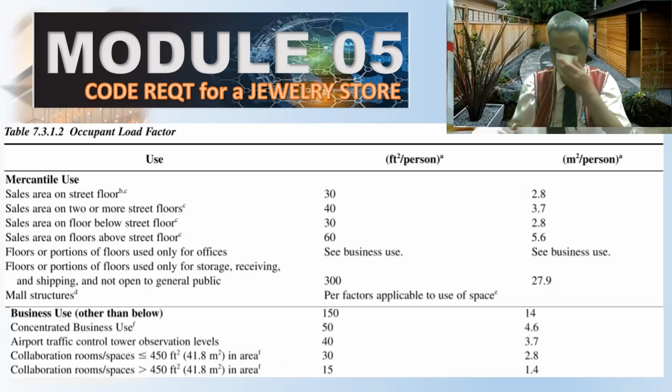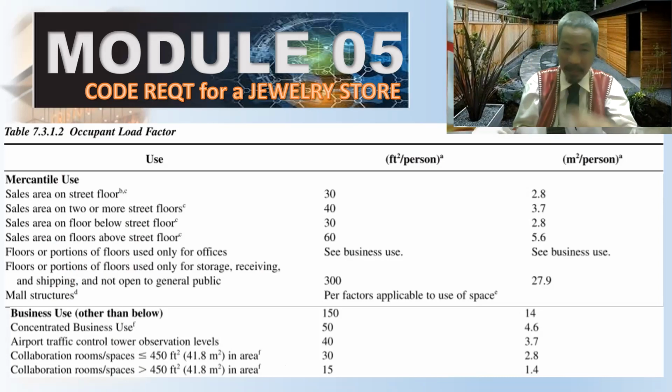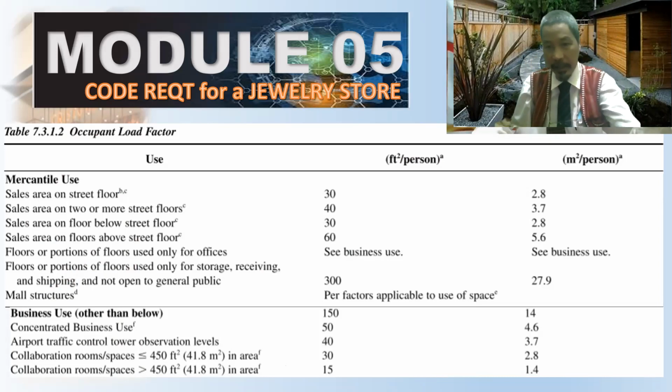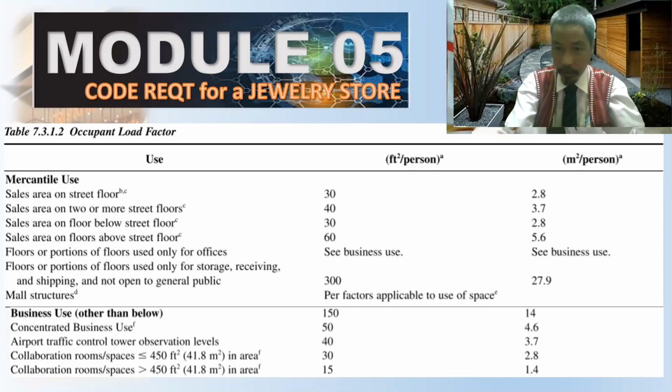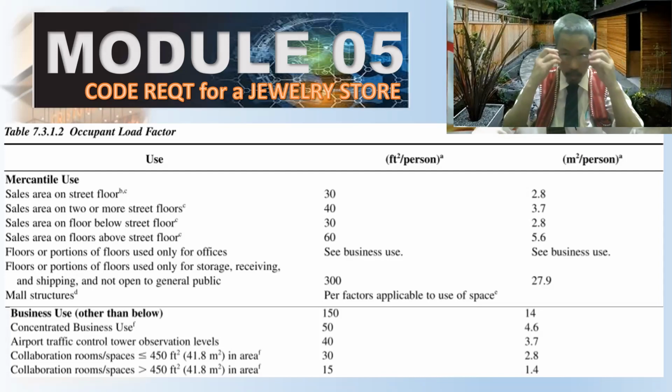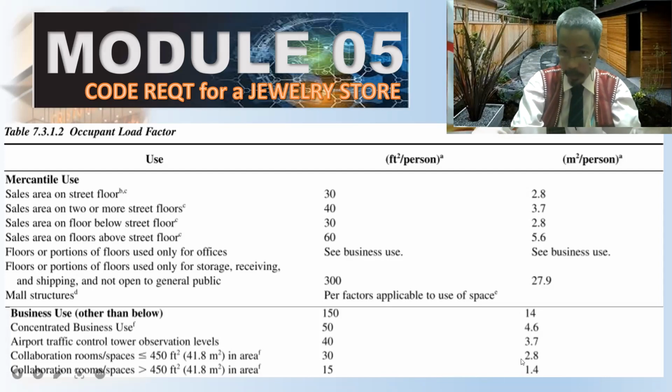Okay. Business area, general business area. Okay, general business area, we use 2.8. So we did not consider it. We consider only this one and this one. Okay, but there is an explanation here, and you have to read the explanation at the end of the table.